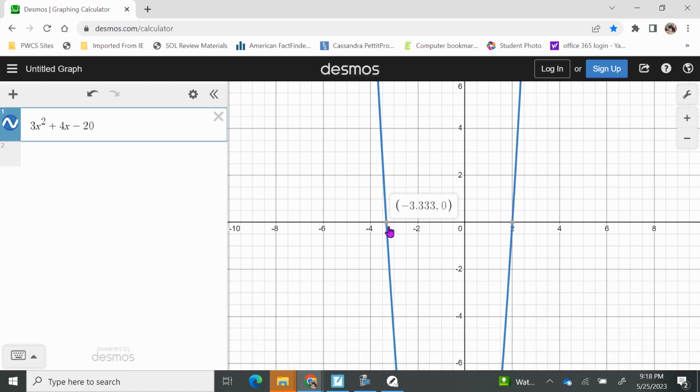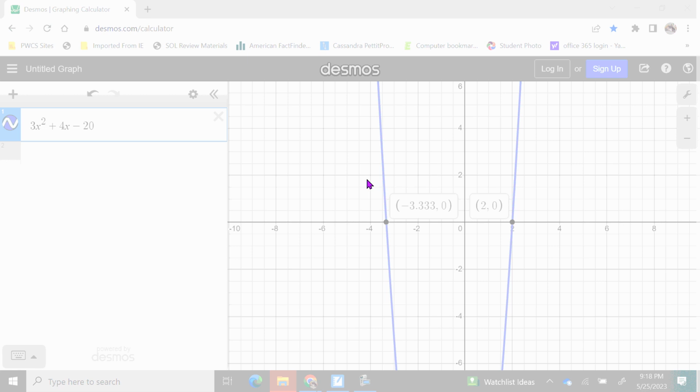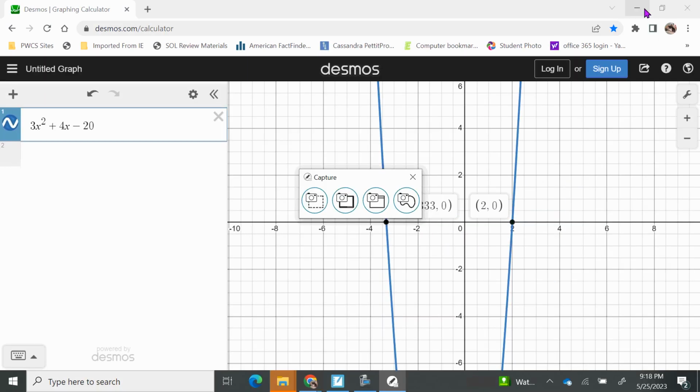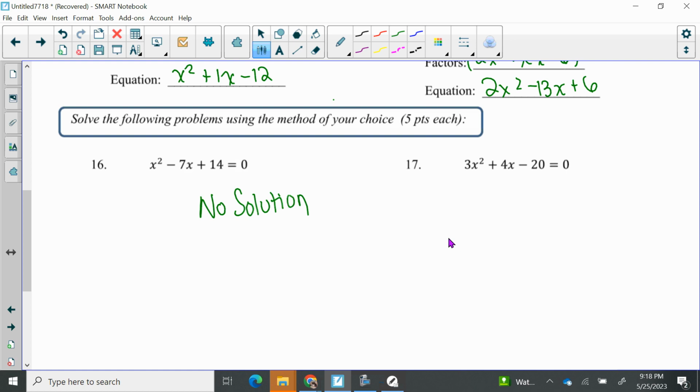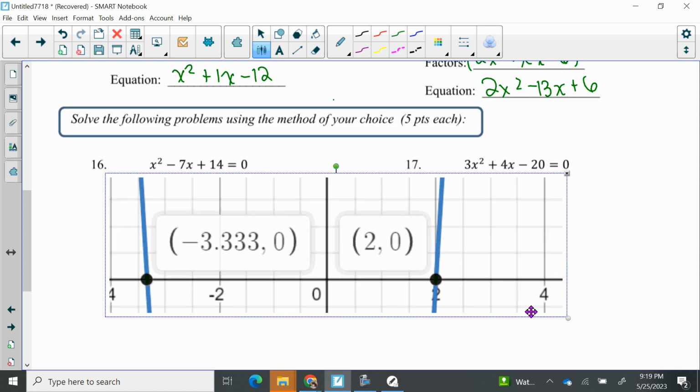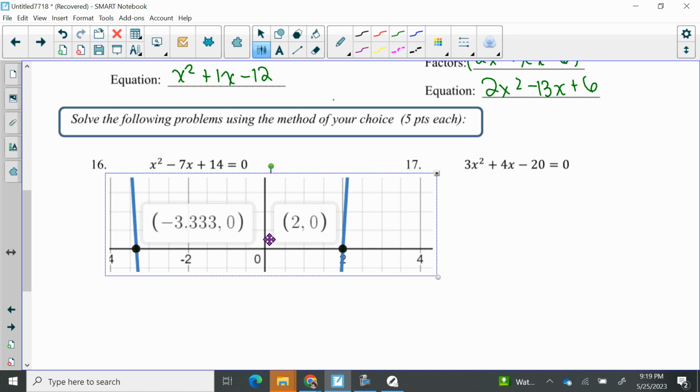Okay, so we have two solutions. Notice this is a really ugly one, right? We could have factored it, but just leave it like this. It's fine. Okay. I'm just going to paste that right there. And these are my two solutions.